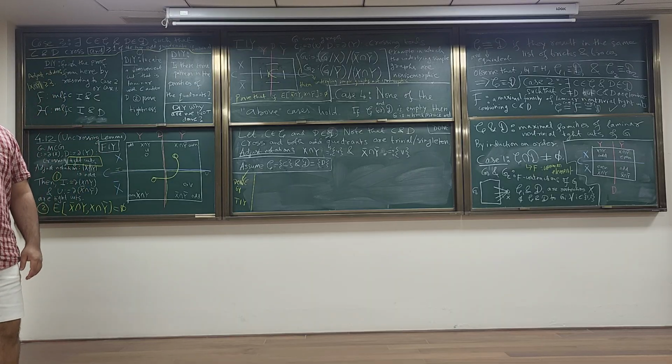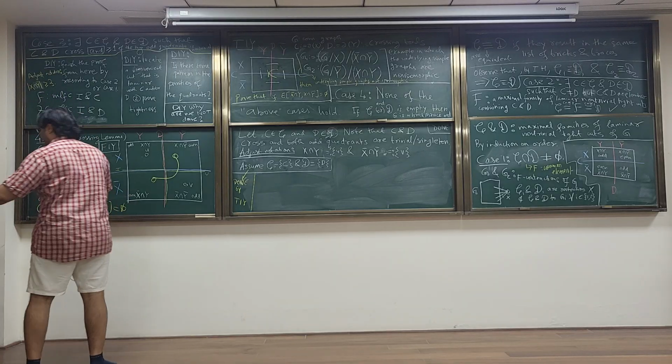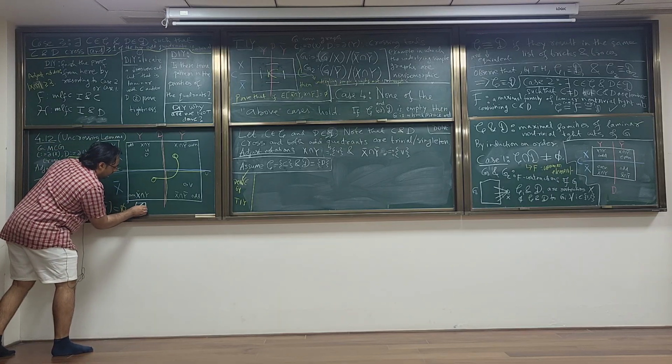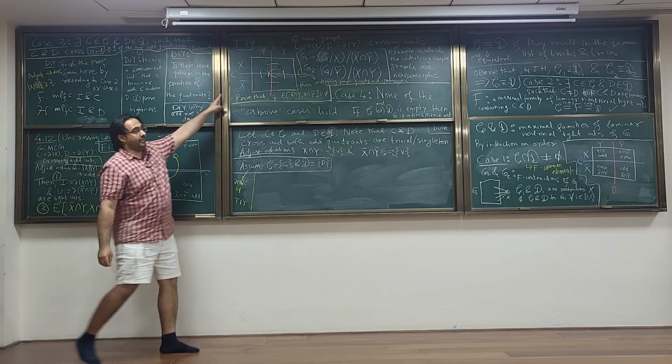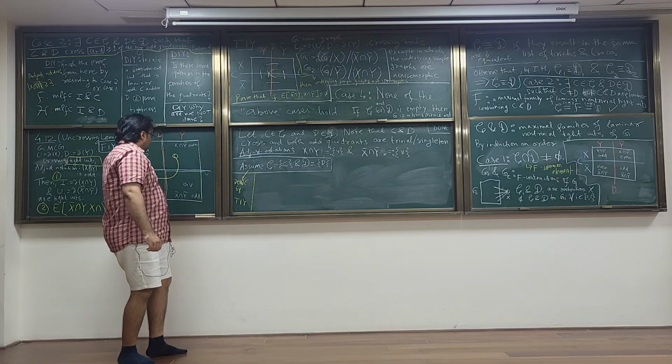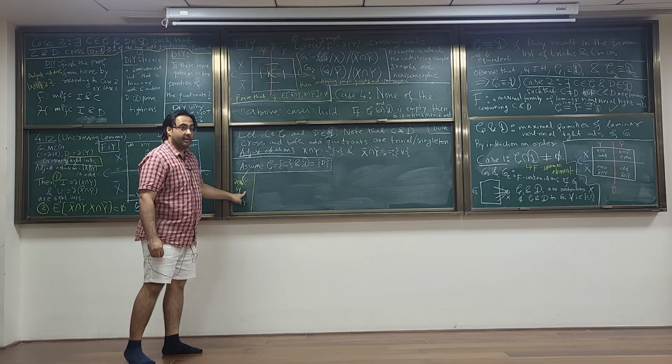Yeah. So we are done with the uncrossing lemma. We proved everything here. We did not prove the TIY. That is for you to prove. Using this and TIY, we are done.